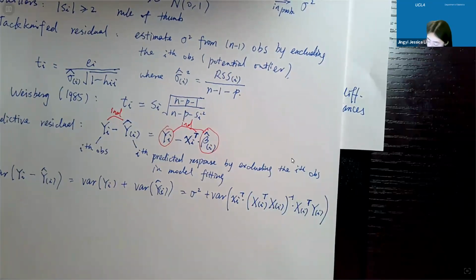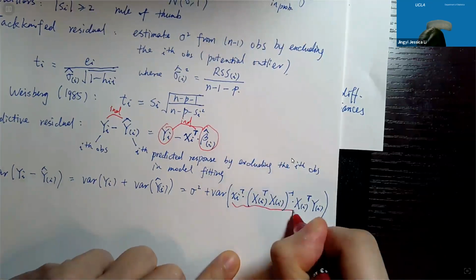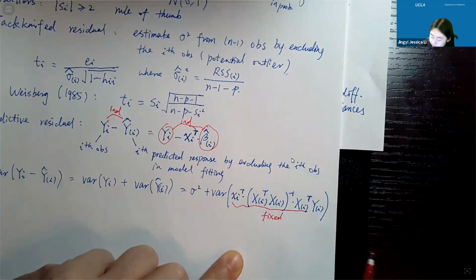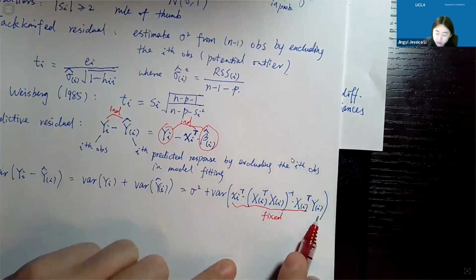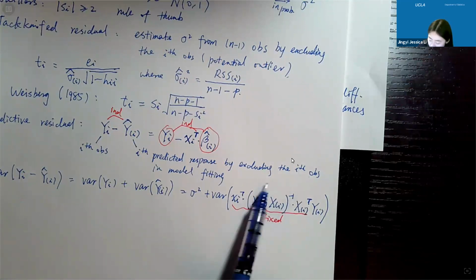Because this part is considered fixed, the only randomness is in y_(i), the n-1 observations. And then we can use that variance formula to move this out.